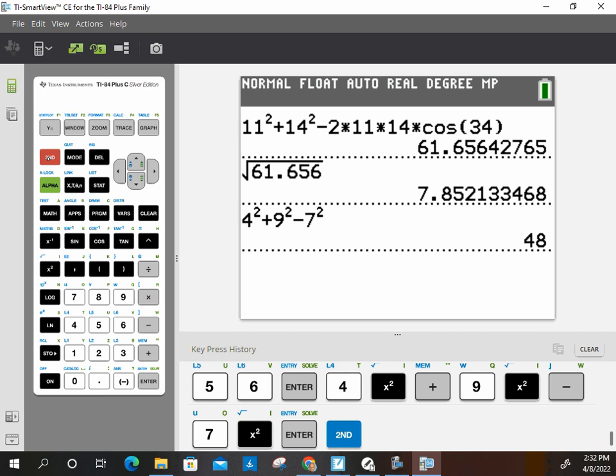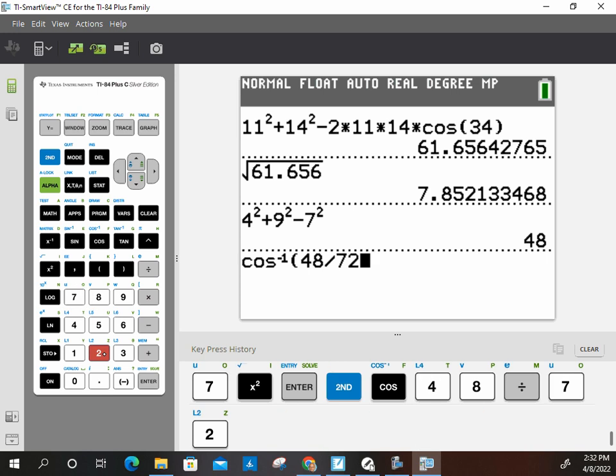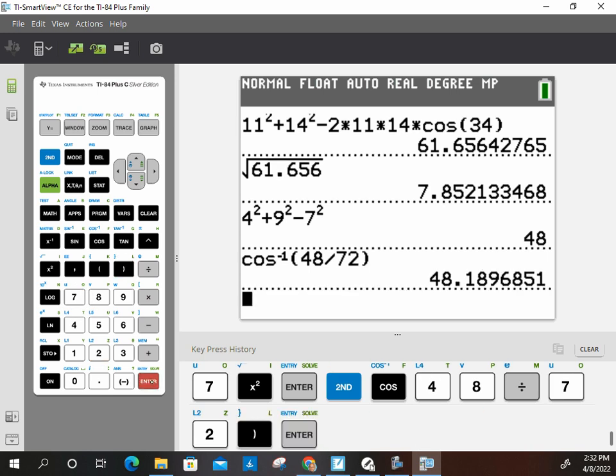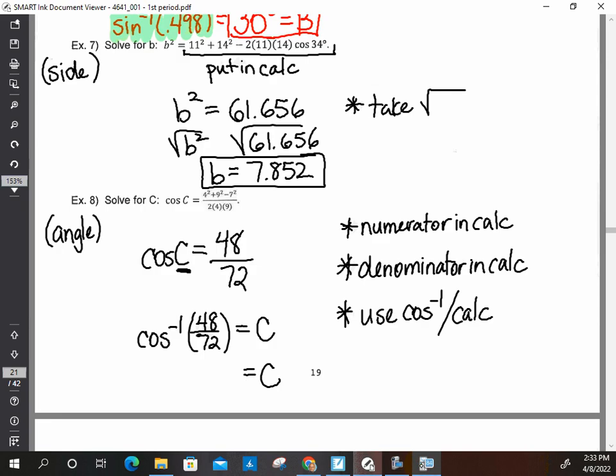So second cosine, that will call up the inverse. 48 divided by 72. Hit enter. You get 48.189. So angles always go to the nearest whole number. So that's 48 degrees.